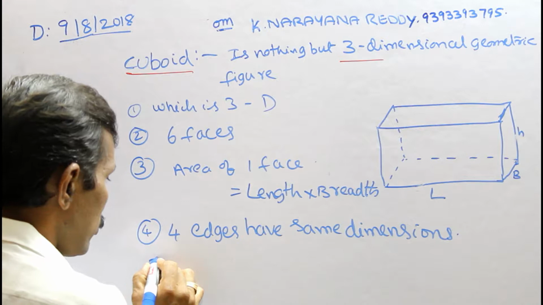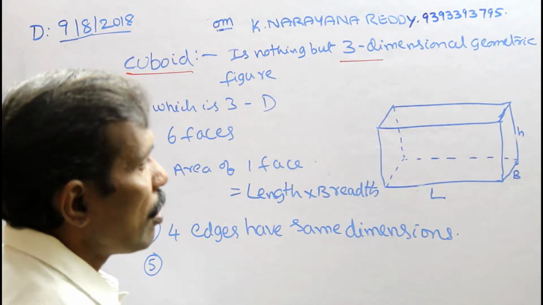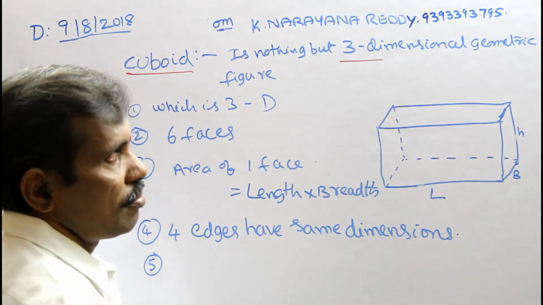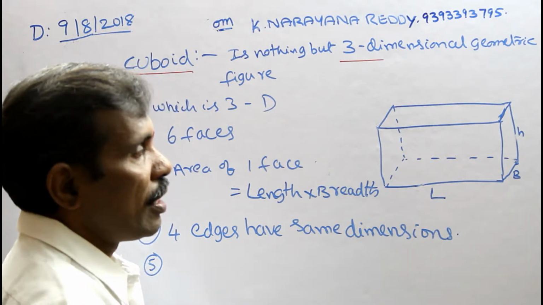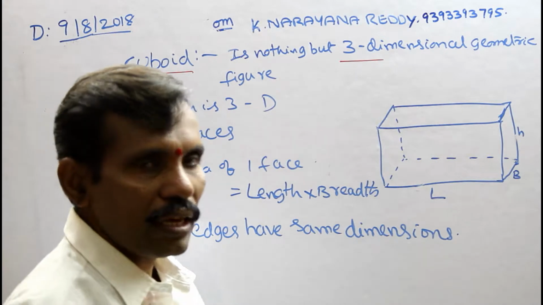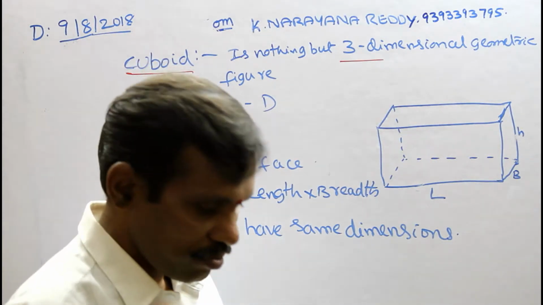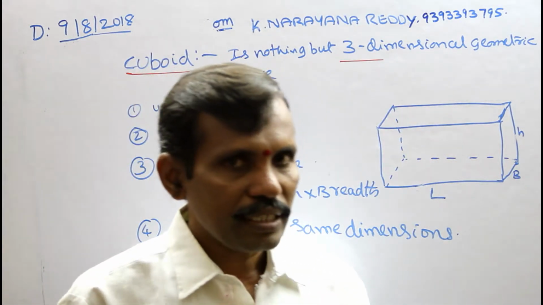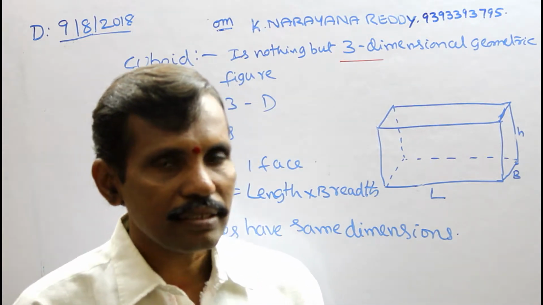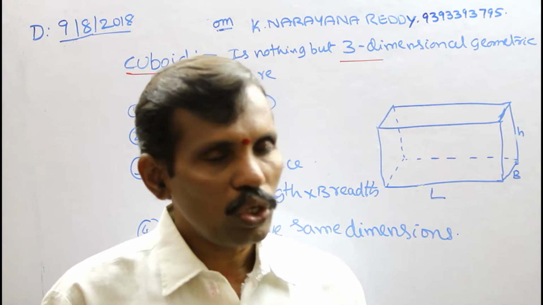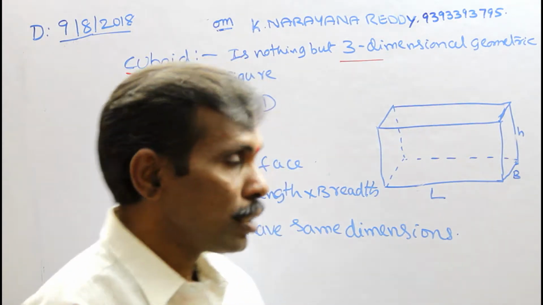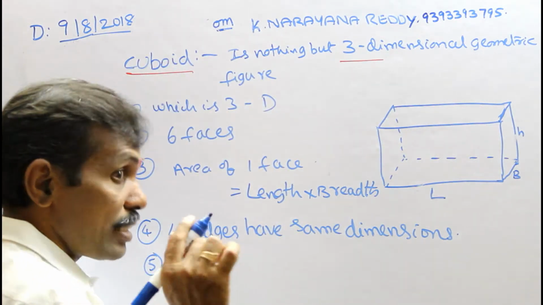Now 5th one. What is total surface area? Here there are total 6 faces. For each face, area is length into breadth. So 6 faces means total there are 6 areas.